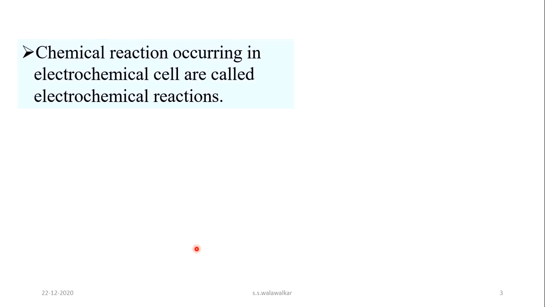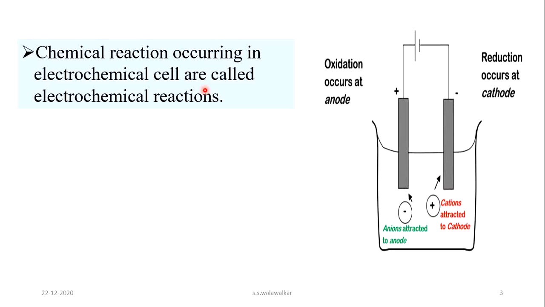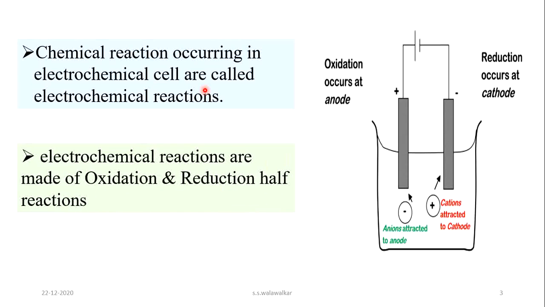And the chemical reaction occurring in an electrochemical cell is called an electrochemical reaction. And electrochemical reactions involve oxidation and reduction reactions.